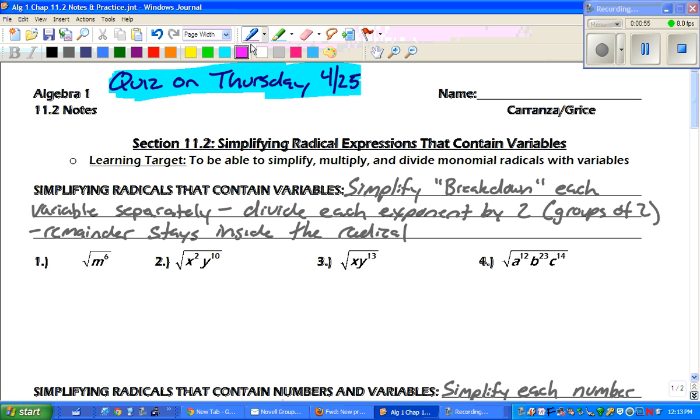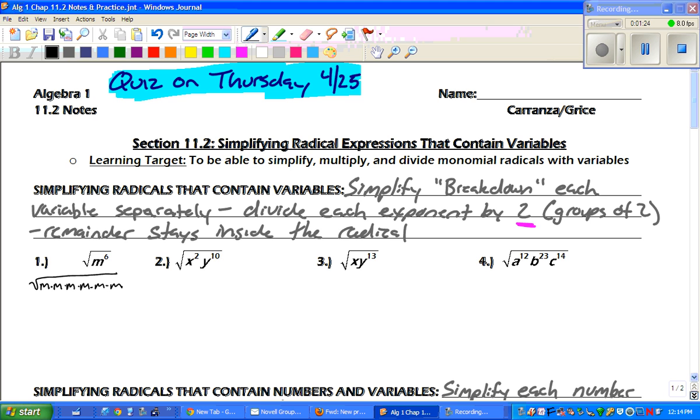All right, so remember that that symbol is called a square root, okay? That's why we're looking for groups of 2. So it's by itself, so we don't have to worry about anything. Now what I'm going to do is write this out the long way. So it's m times m times m times m times m times m.